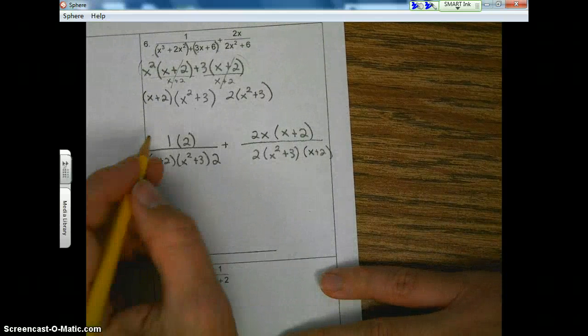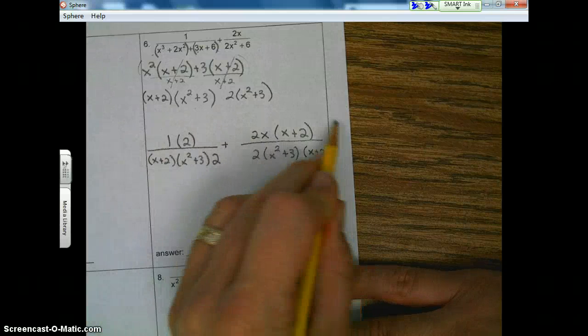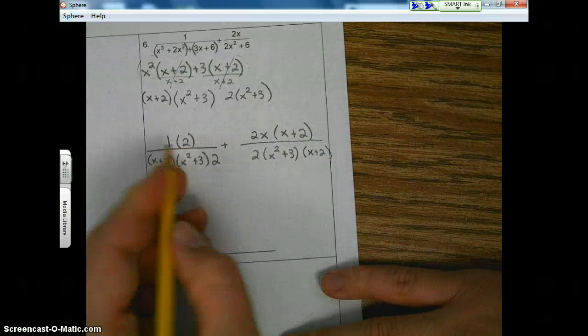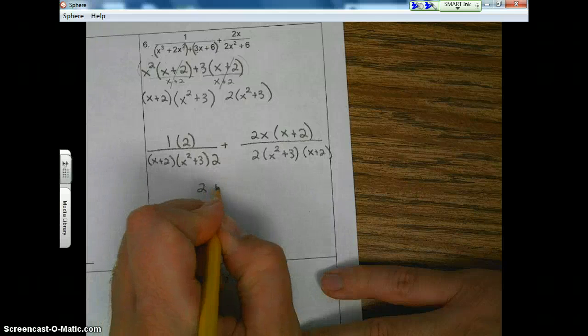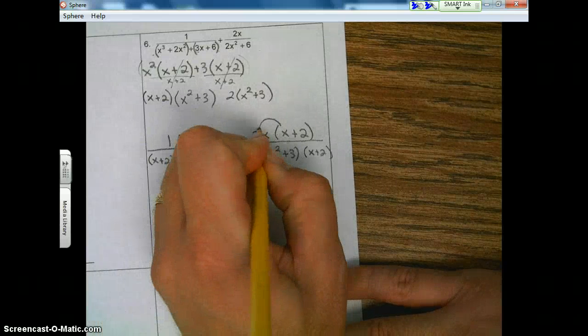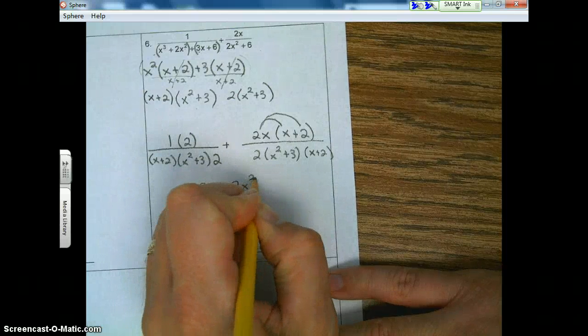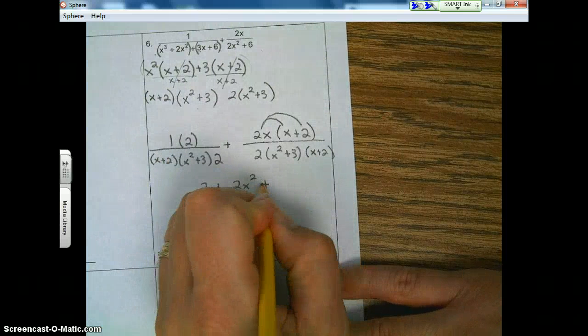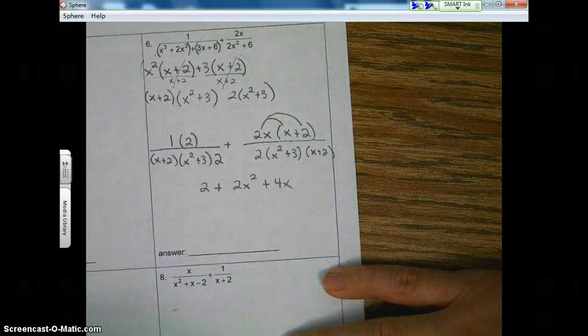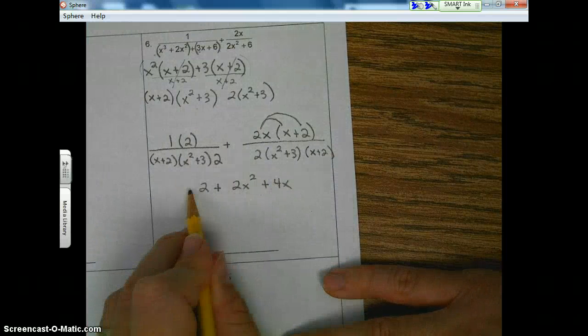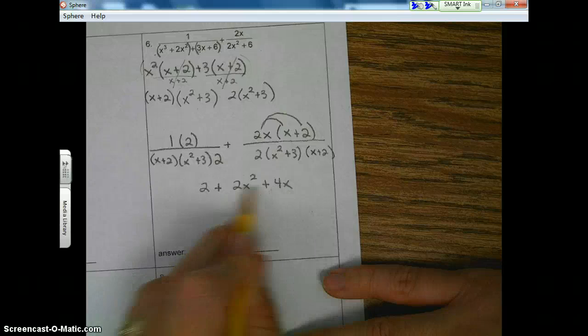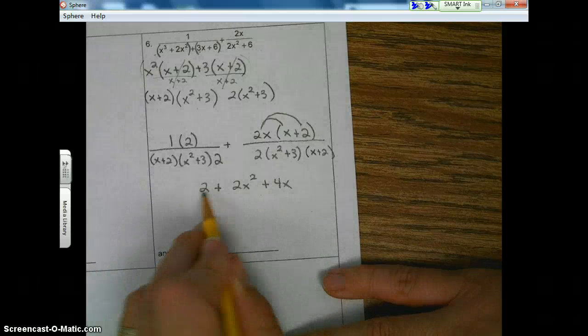Okay, here we go. Simplify the numerator. So we get 1 times 2 is 2, plus distribute. 2x times x is 2x squared. 2x times 2 is 4x. So let's put it in, let's see. Now when I look at this, I say, well look, 2, 2, 4.